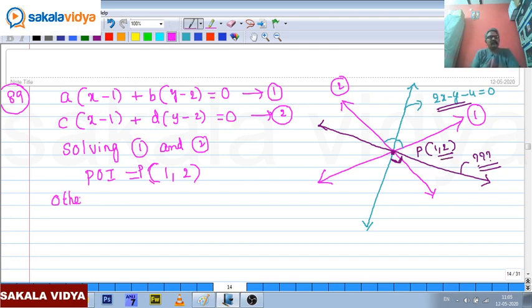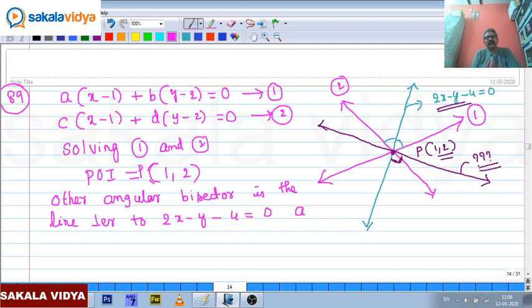So we can write it like this: the other angular bisector is the line perpendicular to 2x minus y minus 4 is equal to 0 and passes through P(1, 2).